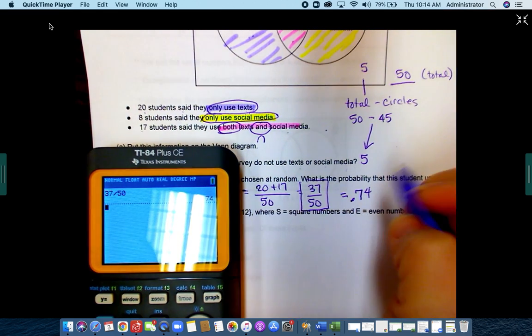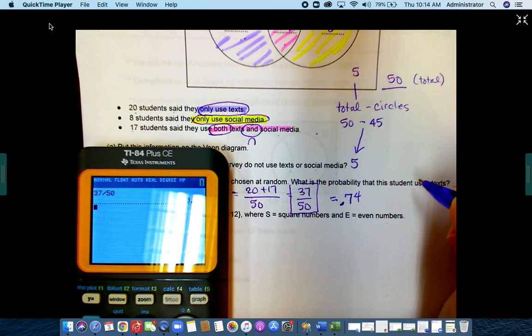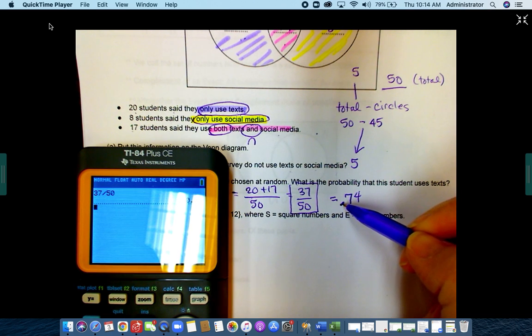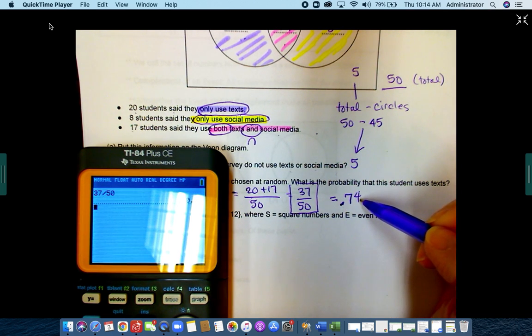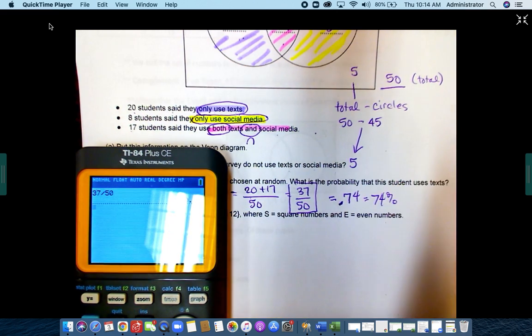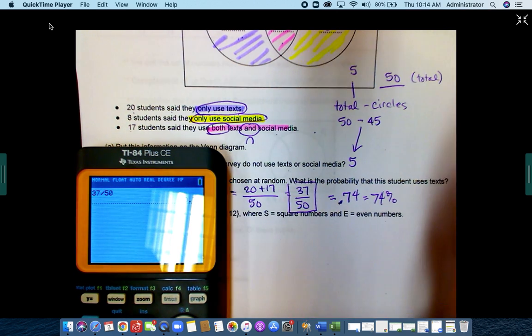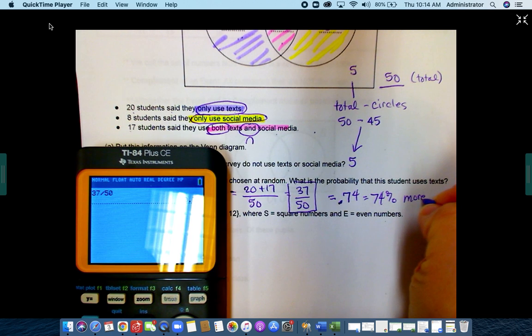Is a student unlikely, equally likely, or more likely to use text? Remember, if it's between 0.50 and 1, then that's like 74%, so they are more likely, right? So 37 out of 50 equates to a probability of 0.74 as a decimal, which is 74%. So they are more likely to text than not text.